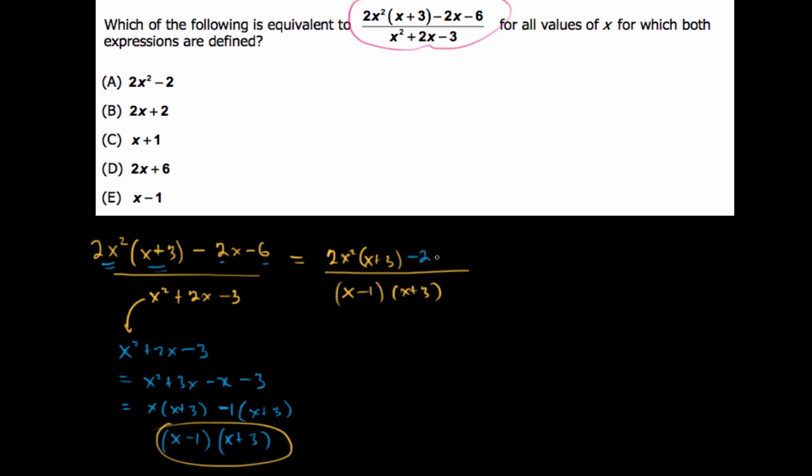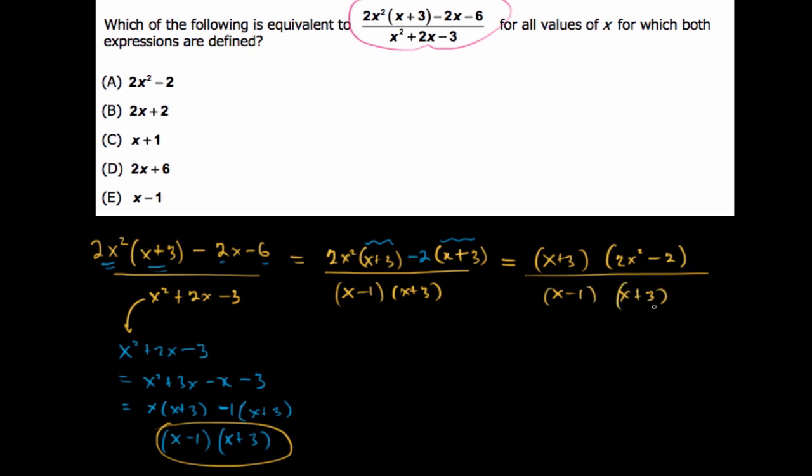Negative 2 times negative 2x gives x, and the sign in the middle changes because negative times positive gives negative. Then you have 3. So this is x plus 3 and this is x plus 3, so x plus 3 is common and you can bring it out, leaving (2x squared minus 2) times (x plus 3), divided by (x minus 1) times (x plus 3). This is what you obtain.